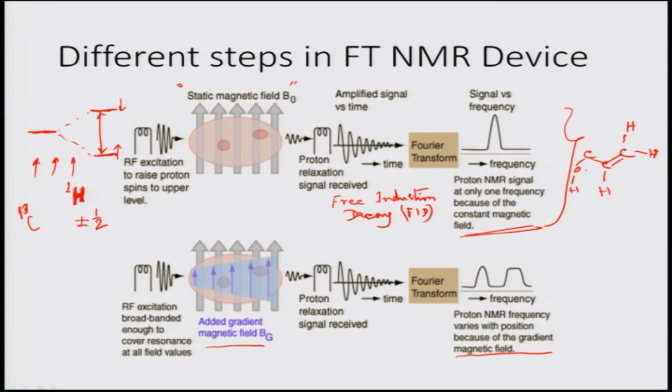Similarly, if they have other electron withdrawing or electron donating systems around them, they will also lead to changes in the proton environments. That is one of the bases behind NMR spectroscopy, which is used for identifying the molecule per se.